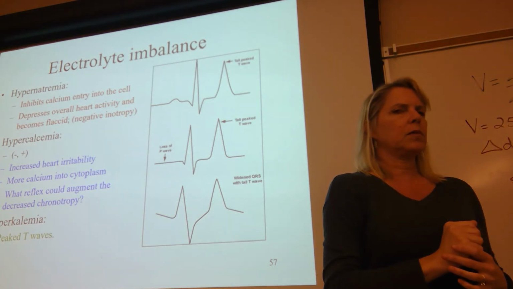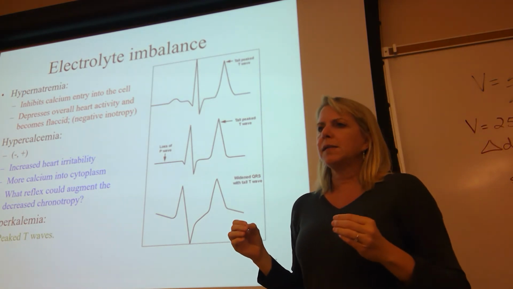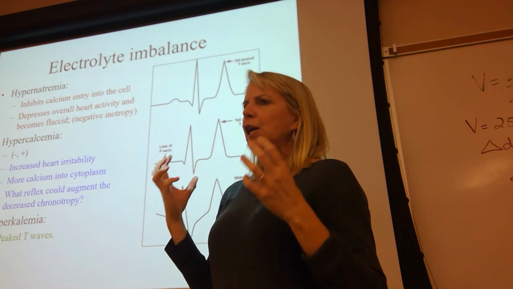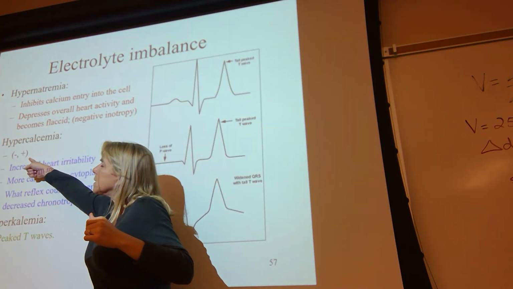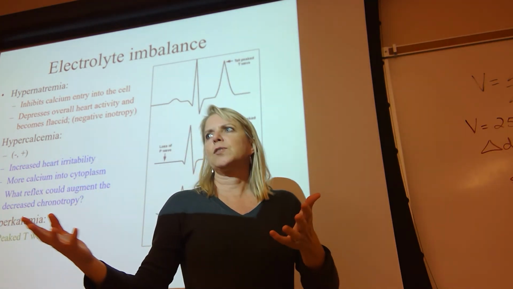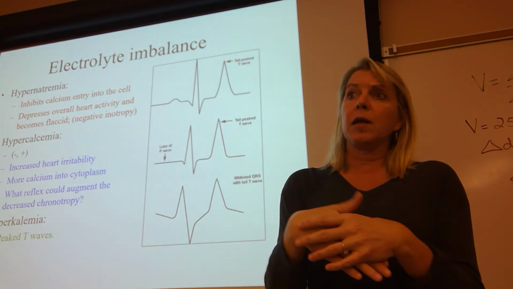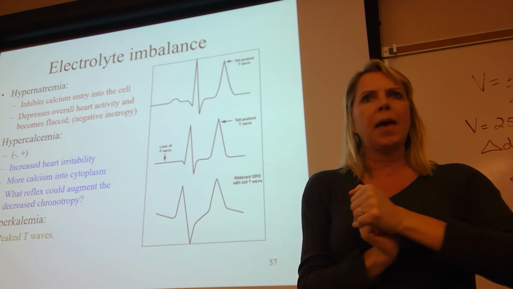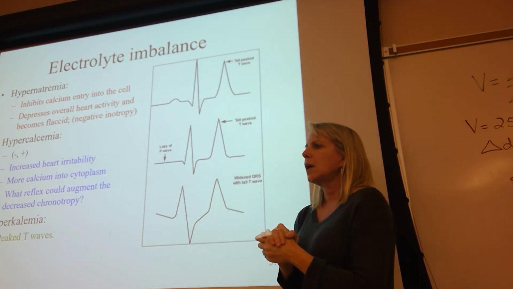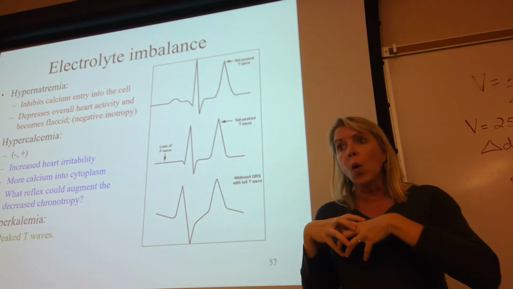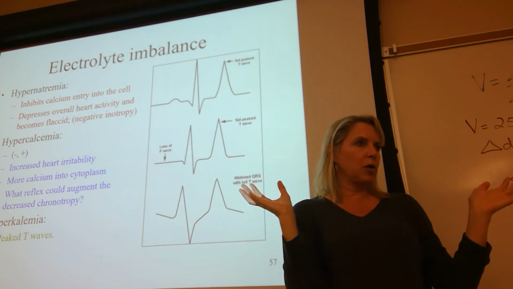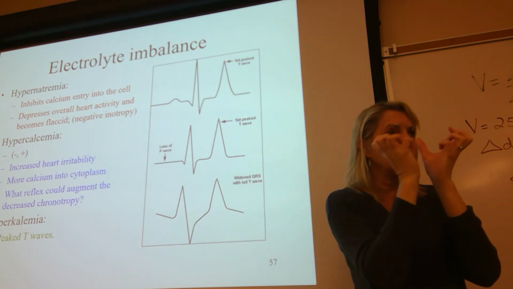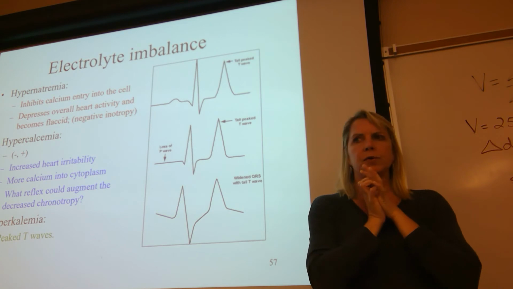With hypercalcemia, the reason why we see an increased inotropy should make sense to you. More calcium is coming through the calcium voltage-gated channels. We get more calcium-activated calcium release, and the heart is now having more removal of troponin and tropomyosin inhibition. We get a stronger contractile force.